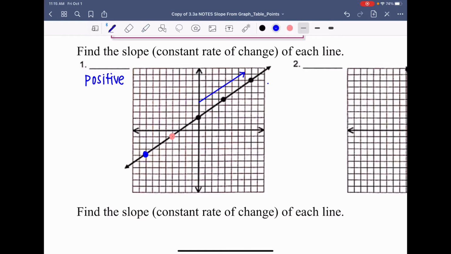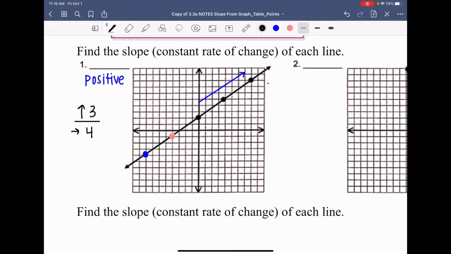All right, so then I'm just counting my rise over run. I'm going from the blue point, and I'm going to go up 1, 2, 3. So I go up 3. And then I go to the right, 1, 2, 3, 4. So I go to the right 4. Because it's positive, my numbers will stay positive.